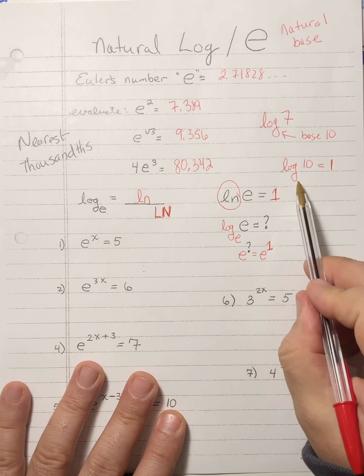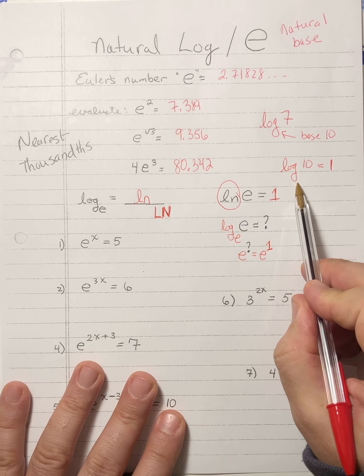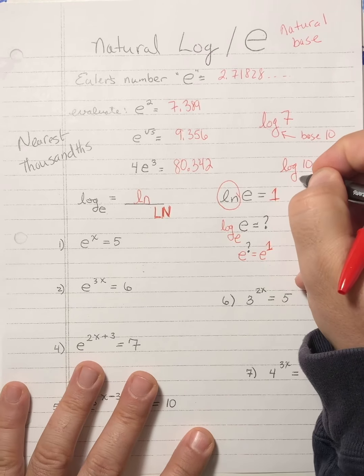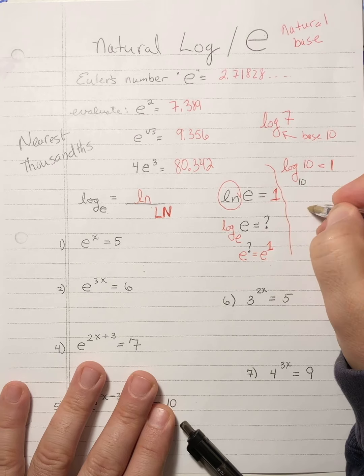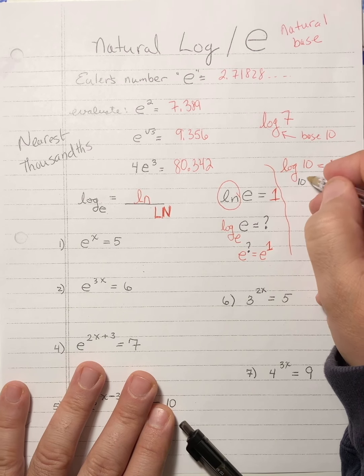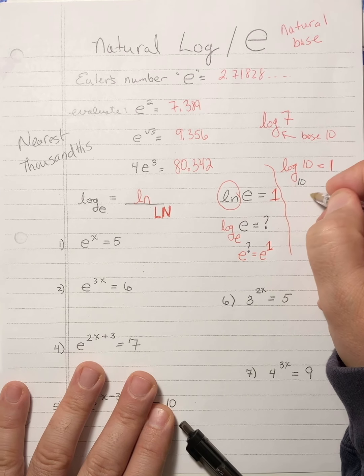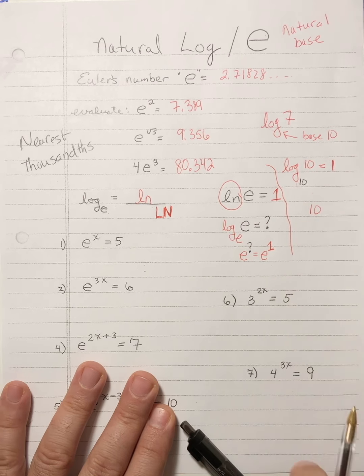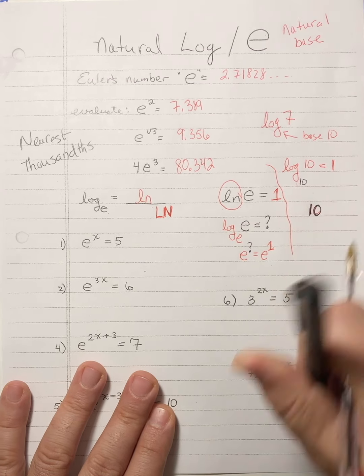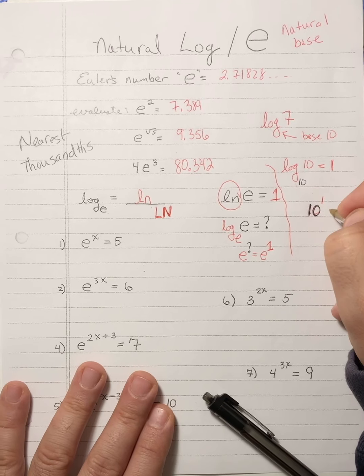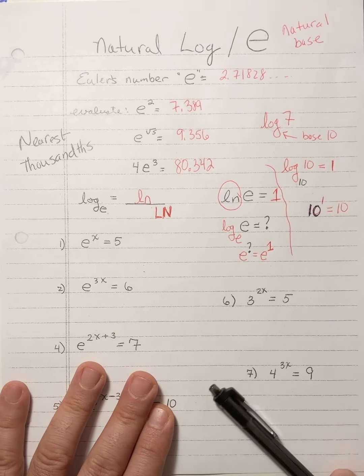Because what's the base down here on the common log that we don't see? That's right, it's a 10. And so now when I change this to exponential form, here's your 10, there's your base, to the power of 1. There's the base in black, to the exponent 1 equals 10.